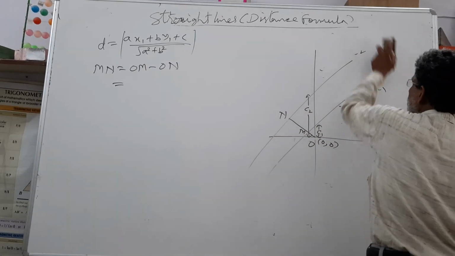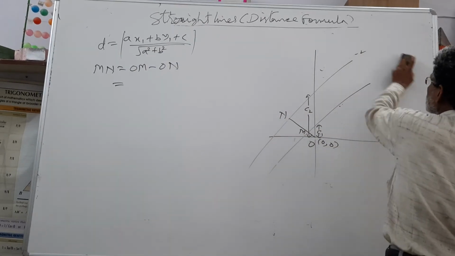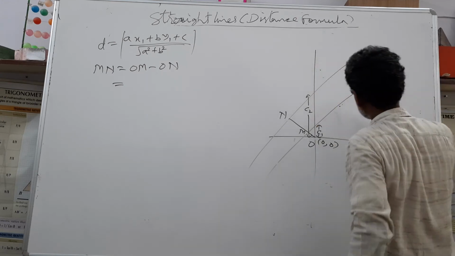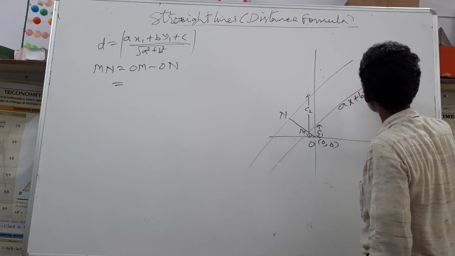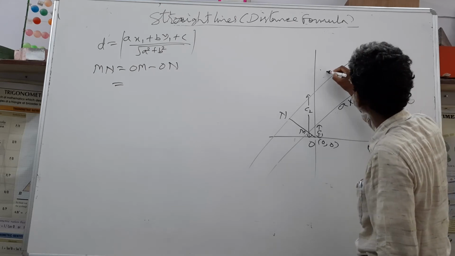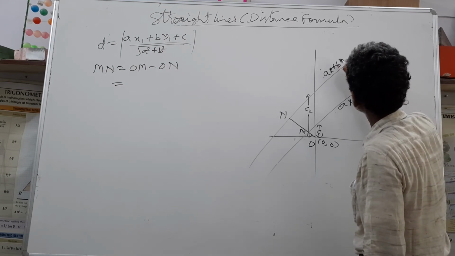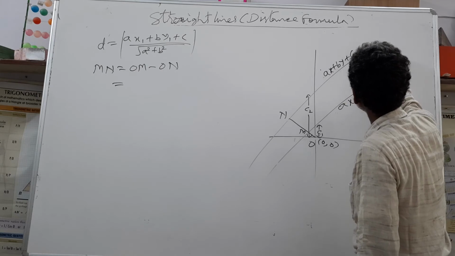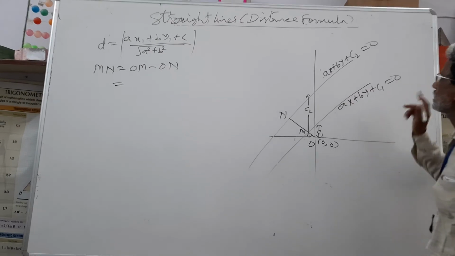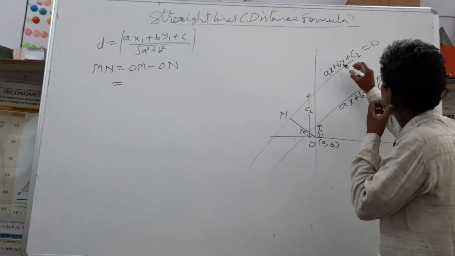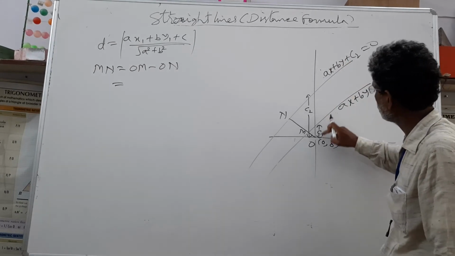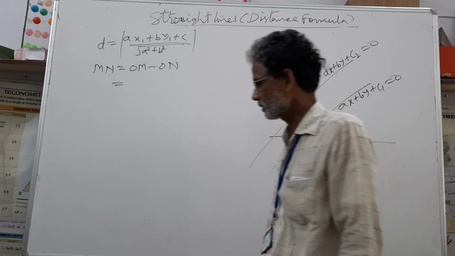Let these lines be written in general form: Ax plus By plus C1 is equal to 0, Ax plus By plus C2 is equal to 0. Because the lines are parallel, Ax plus By will be the same in both, only C1 and C2 will be different.